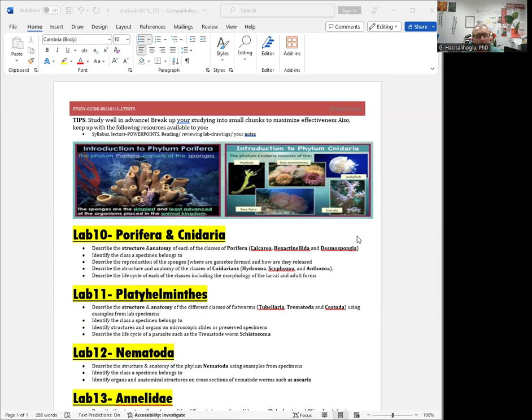Remember, we either have no symmetry or symmetry that's radial, like a flower, you can cut it like a flower, or bilateral, which we see in more advanced animals, where you can cut it laterally and there's a right side and a left side, right? Porifera has none of these.